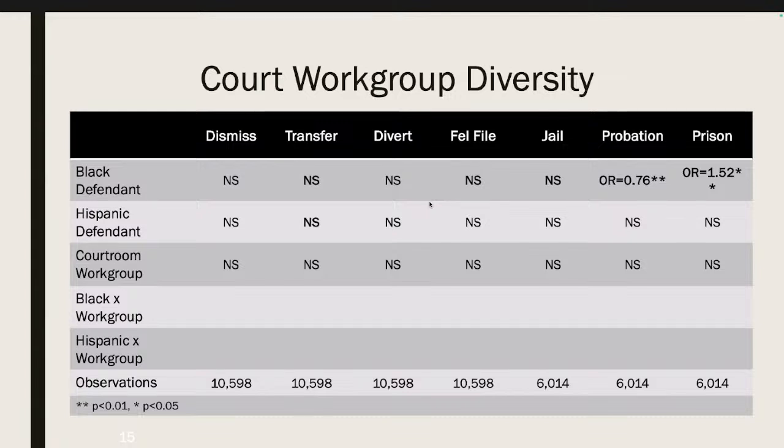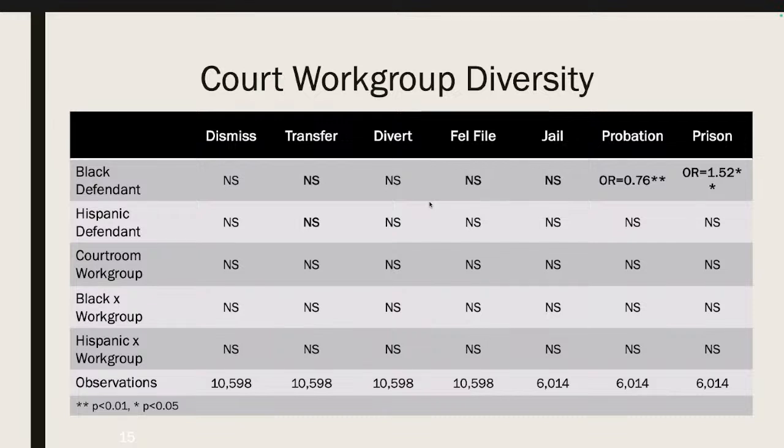So the racial composition of the work group, increasing minority representation, had no statistically significant effect on case outcomes. Individual racial ethnic status also had no effect, even when used in combination with the racial composition of the work group.